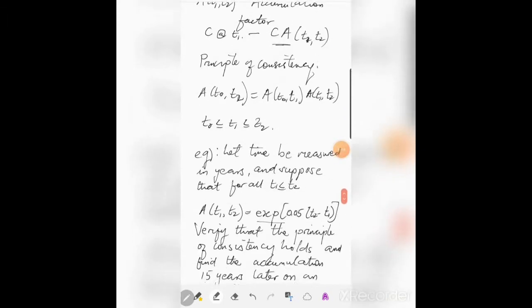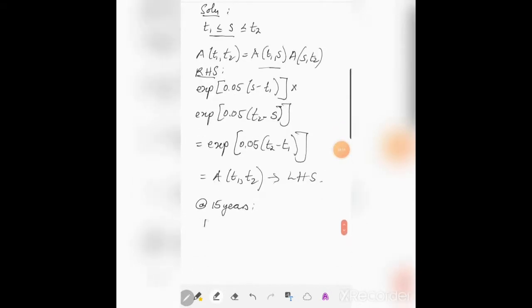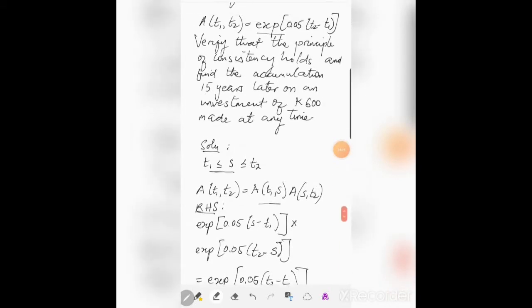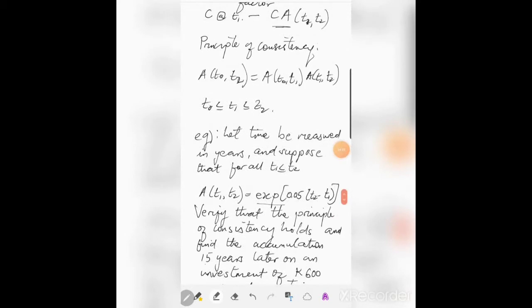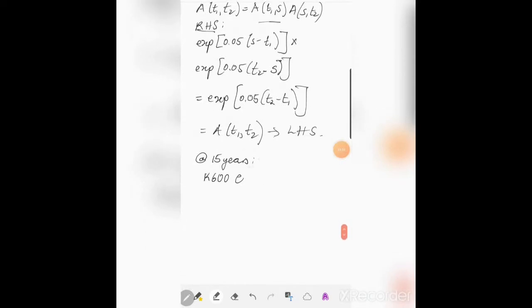So we have 600, and then you multiply this by the accumulation, e to the power 0.05 times 15.